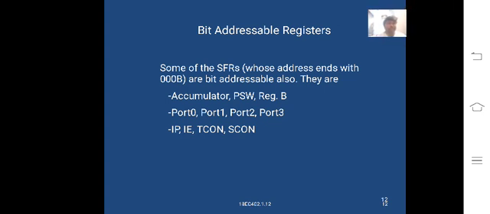They are port 0, port 1, port 2, port 3, accumulator, program status word, register B, interrupt priority, interrupt enable, TCON and SCON.